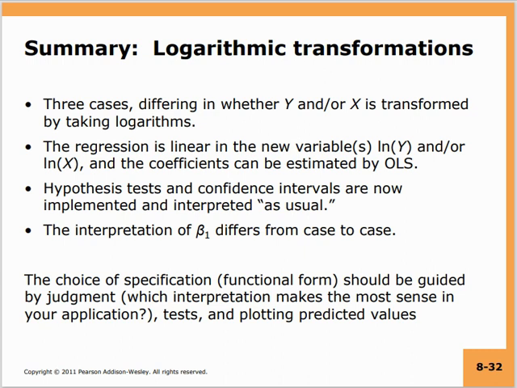Hence, this is still an extension of the linear model, and we can conduct hypothesis tests and confidence intervals as usual, and interpretation of beta 1 changes from case to case. So, which specification you should use should be guided by judgment, depending on which interpretation makes the most sense. You have to have your domain knowledge in order to understand which one makes more sense.